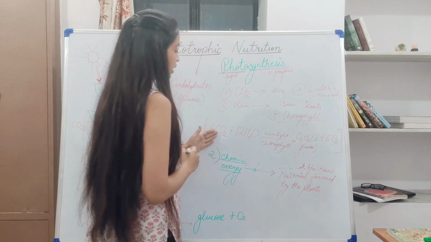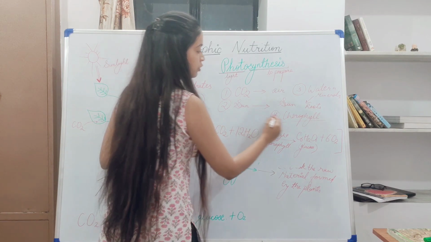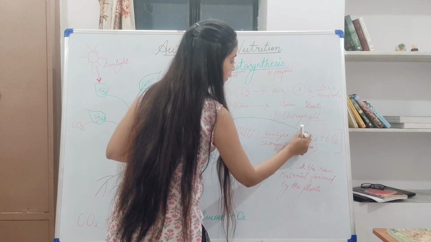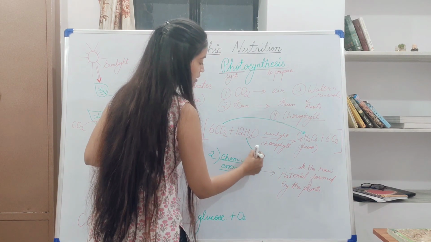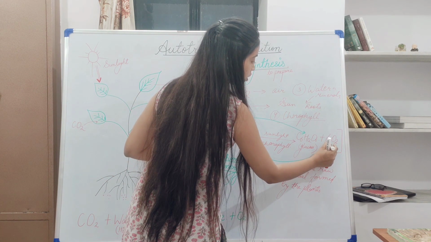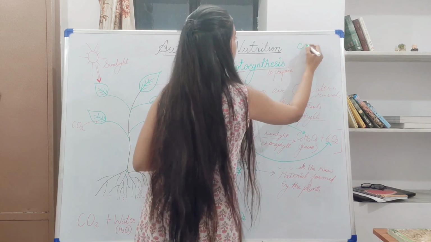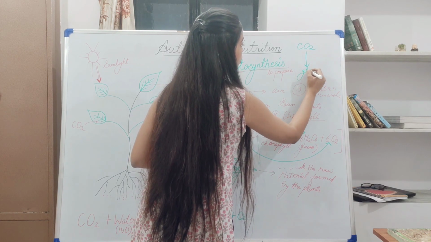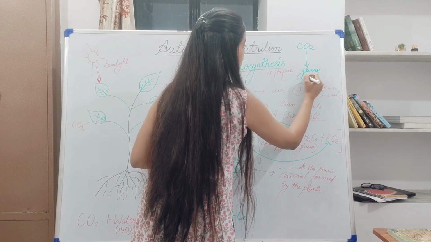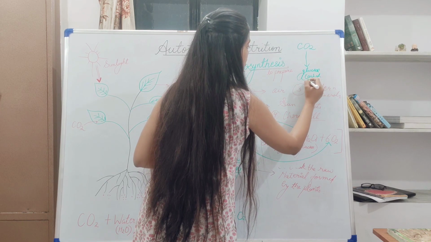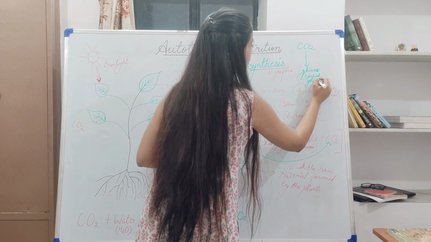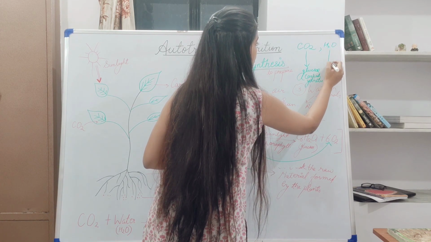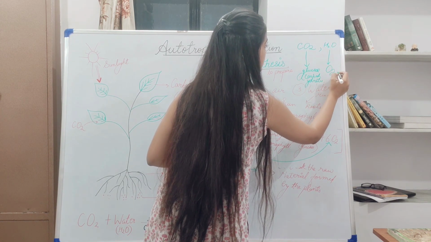Now, the carbon dioxide is broken down into glucose and the water is broken down into oxygen. Carbon dioxide is broken down into glucose, which is carbohydrates, and water is broken down into oxygen.